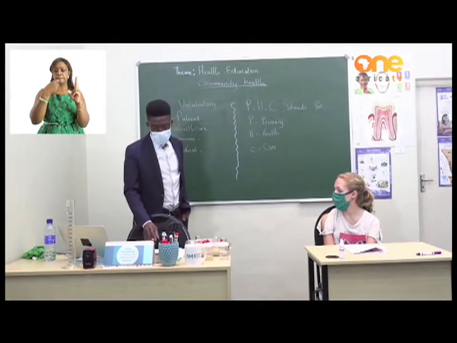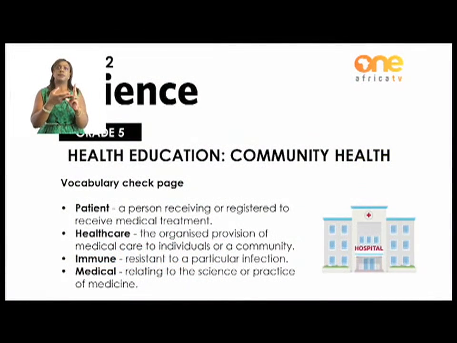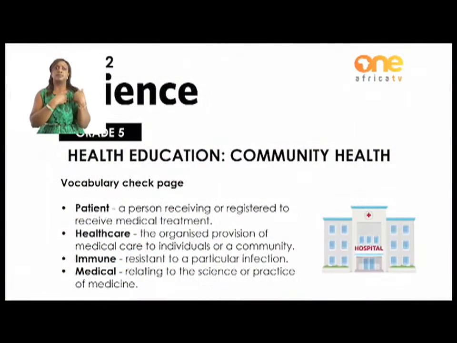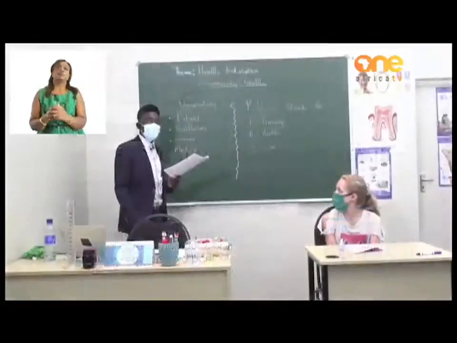It says here, a person receiving or registered to receive medical treatment. Healthcare. What is healthcare? The organized provision of medical care to individuals or a community. What is immune? Resistant to a particular infection. Medical. Relating to the science or practice of medicine.